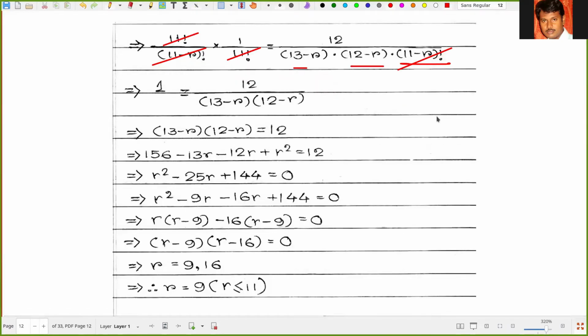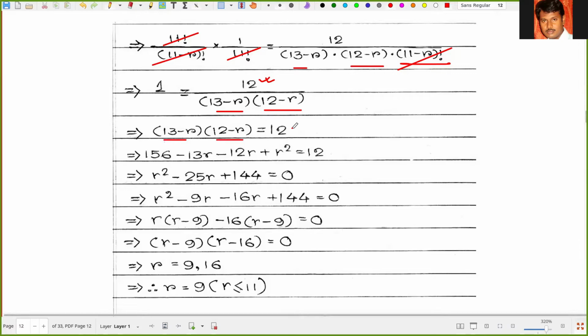So the left hand side is now 1. So right hand side is equal to 12 upon (13 minus R) into (12 minus R). So (13 minus R) into (12 minus R) is now 12. So just multiply those. 156 minus 13R minus 12R plus R square is equal to 12, or R square minus 25R plus 144 is equal to 0.